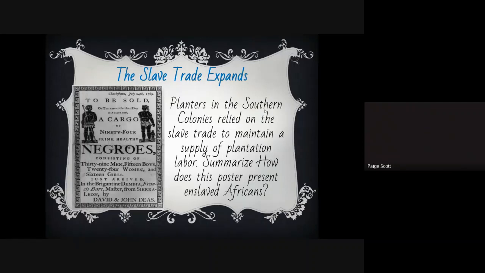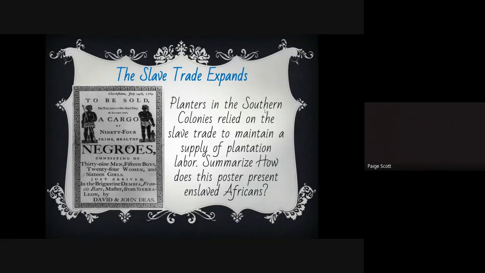Okay, so at the top it says Charlestown, July 24th of 1769, to be sold on Thursday, the 3rd day of August next, a cargo of 94 prime healthy Africans, consisting of 39 men, 15 boys, 24 women, and 16 girls, just arrived in the Brigantine Dembia, Francis Bear, Master, from Sierra Leone by David and John Deas.